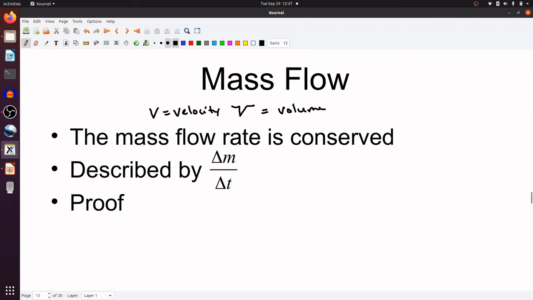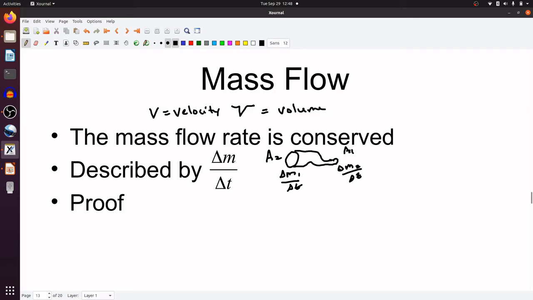Mass flow rate is conserved, meaning if I've got a pretty little pipe here, and it's narrowing to a ridiculously small amount, the mass flow rate at one point over the mass flow rate at another point, those are equal. It's not the amount of mass that's flowing through the larger area, we'll call A2, and this we'll call A1, because clearly different masses are going to flow through it, but it's the mass flow rate.